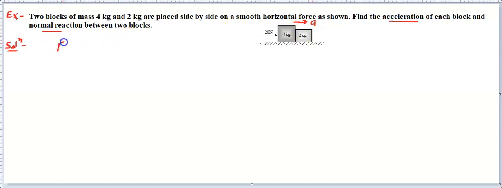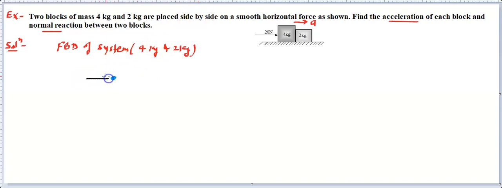First we will draw the free body diagram of the system. System means everything included, that is 4 kg as well as 2 kg together. If you draw the free body diagram of these two together, let's say this is your system denoted by a point.